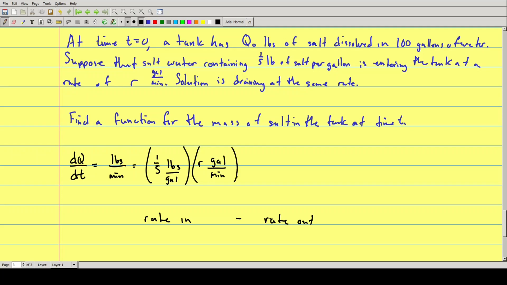Okay. And then the 1/5 is a concentration, so it's pounds per gallon. Sorry, I forgot to write that part down.